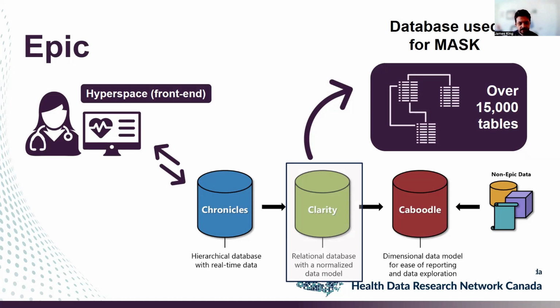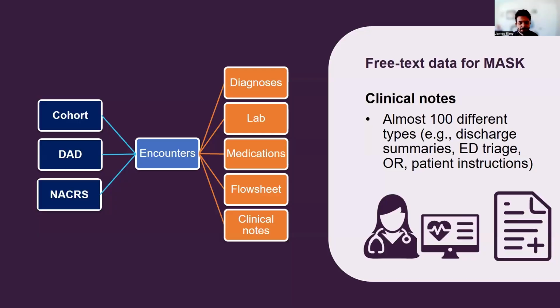So there's a lot of linkage and joining of encounter information to make sure we're linking properly, capturing all the information that we need for the data for this project. And there is a lot of work ongoing to make sure we're capturing what we need and essentially including the correct information and excluding anything that we don't want for the actual MASK algorithm.